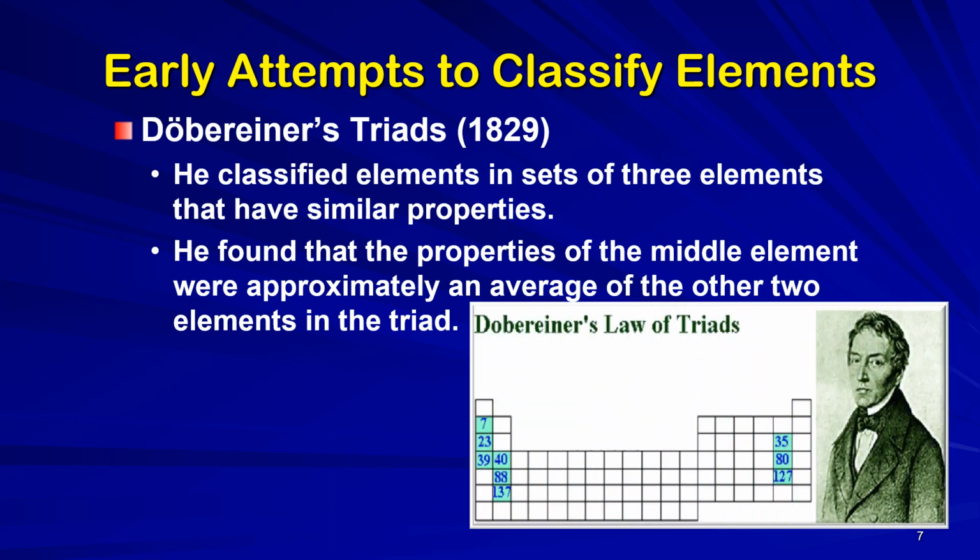We have the example of lithium, sodium, and potassium. You can see that if you take the mass of potassium and you add it to the mass of lithium, you find that it is twice the mass of sodium. Just as we said, he found that the properties of the middle element were approximately an average of the other two elements in the triad.